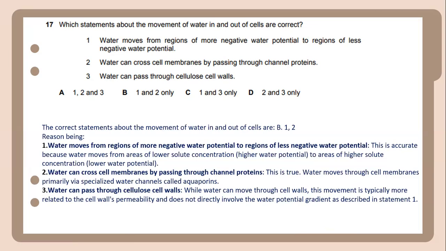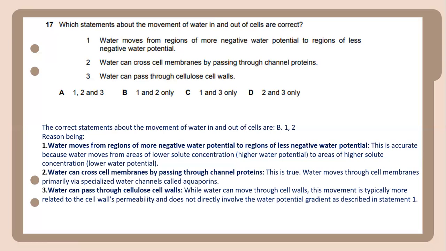And statement number 2 can be explained as water moves through the cell membrane primarily via specialized water channels called aquaporins. And statement number 3, water can pass through the cell wall.